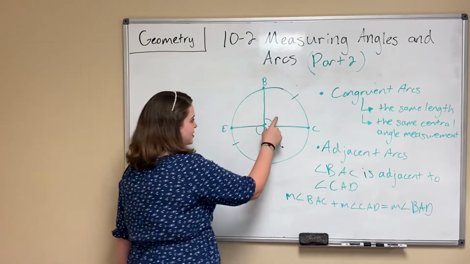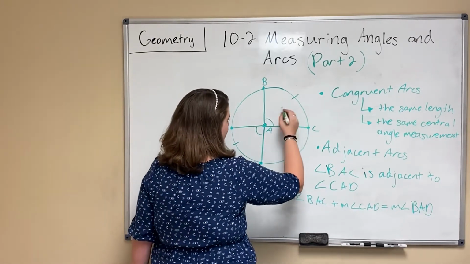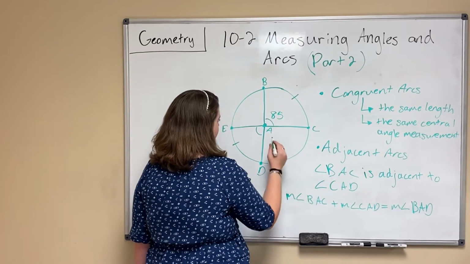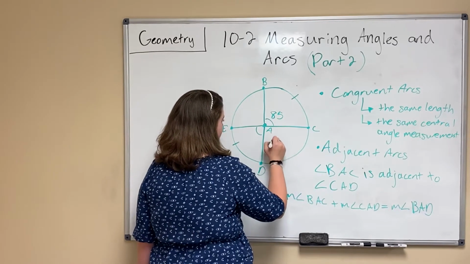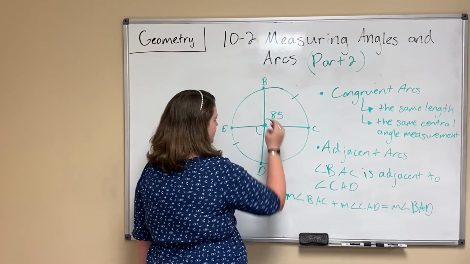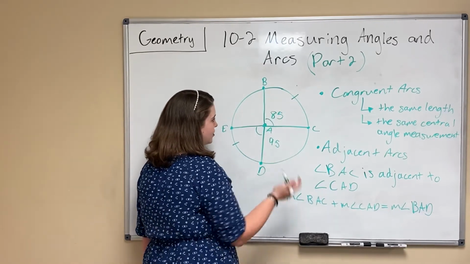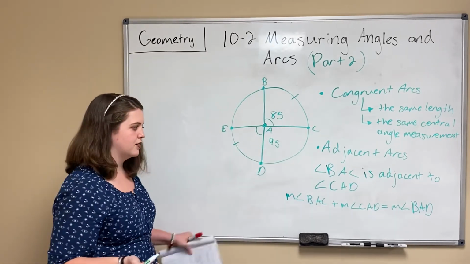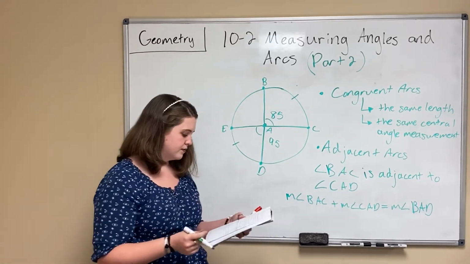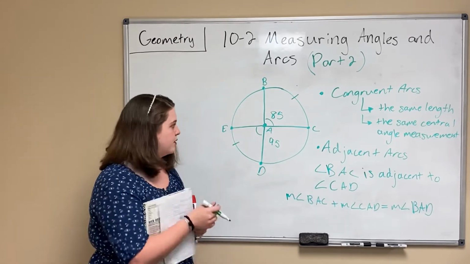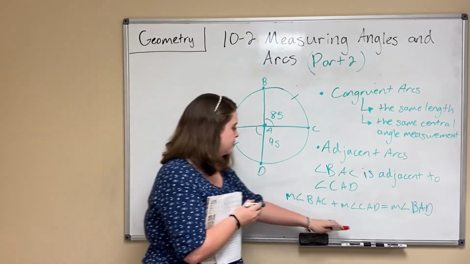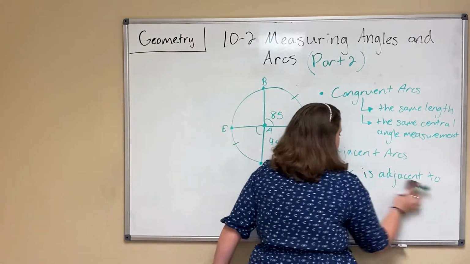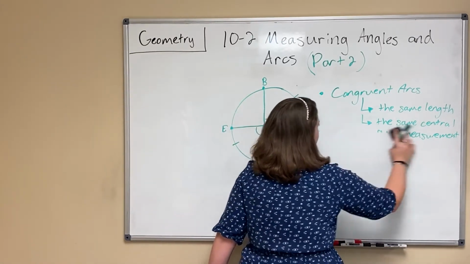So if I told you that this angle was 85 and this angle was 95, then you could figure out that this whole thing is 180 degrees just by adding those together. The next thing we're going to do, let me erase this. So that's with congruent and adjacent arcs.